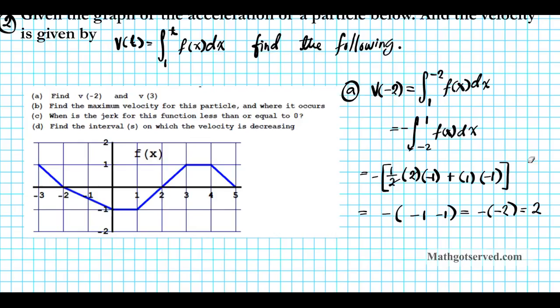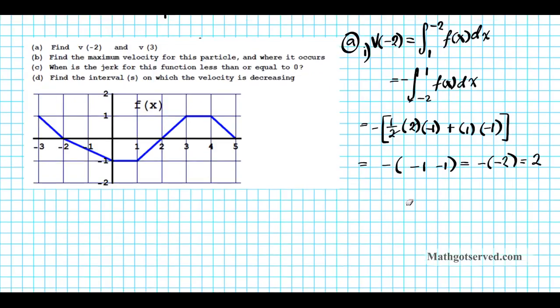Alright, so for the second part of part A, we have to find v of 3. So let's just call that double I. v of 3 is similar to this. We're going to look for the integral from 1 to 3 of f of x dx. So in this case, we're going from 1.